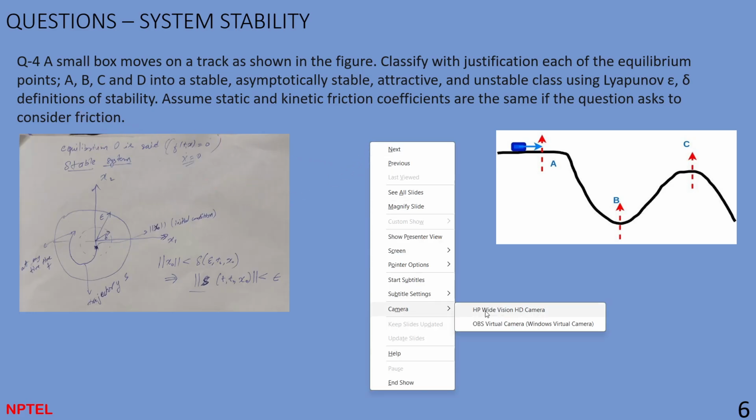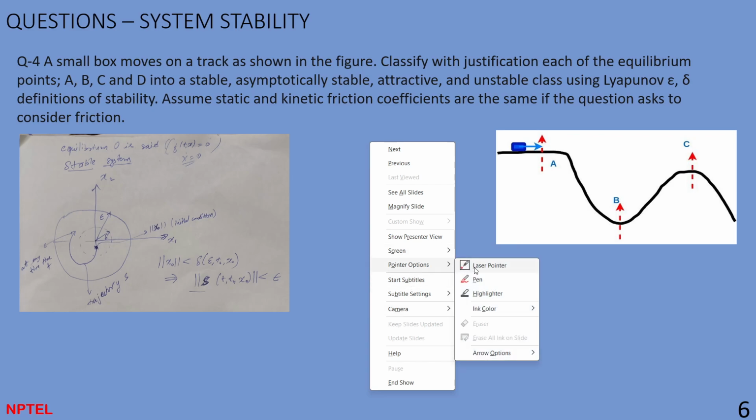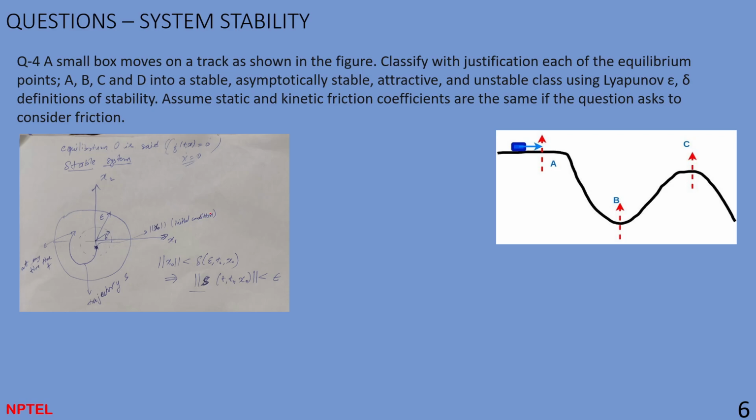If you know from the previous class, there was something like x dot, and x minus x e is less than or equal to something like that, right?